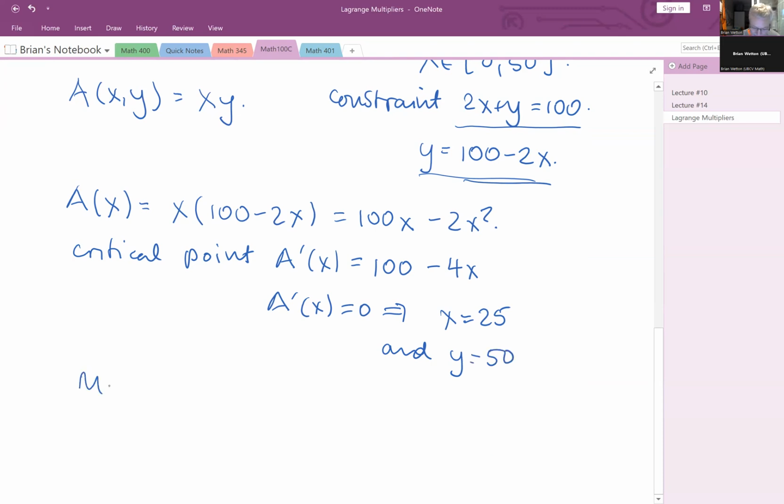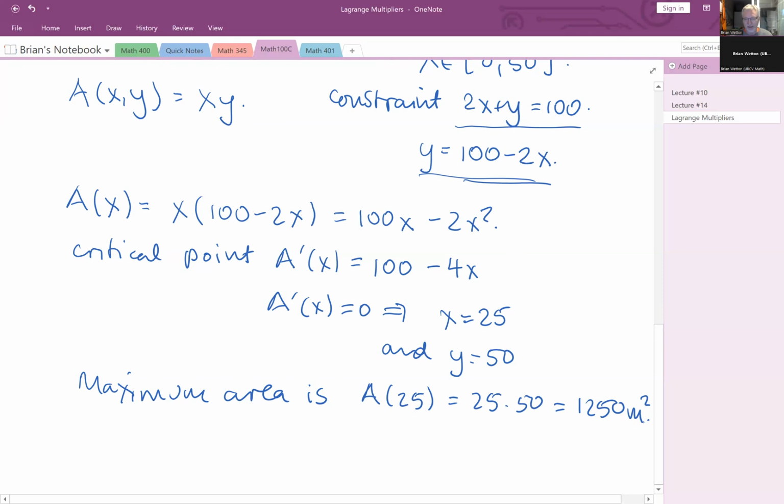And then we can say that the maximum area is 25 times 50, which is 1250 square meters. You could even put units in it.